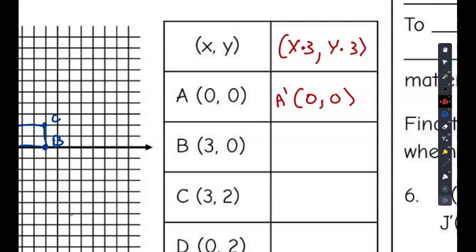See if you can figure out what B prime would be. You should get 9, 0. All right, now C prime.